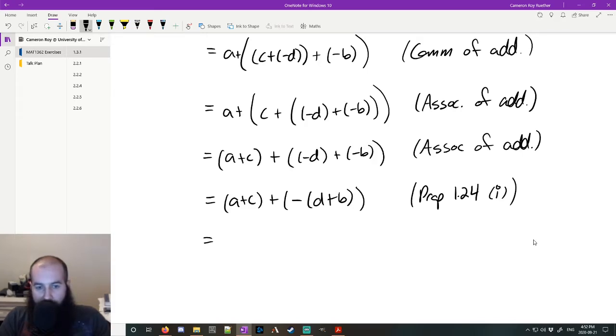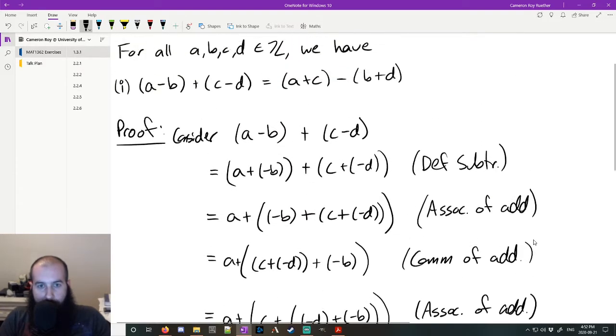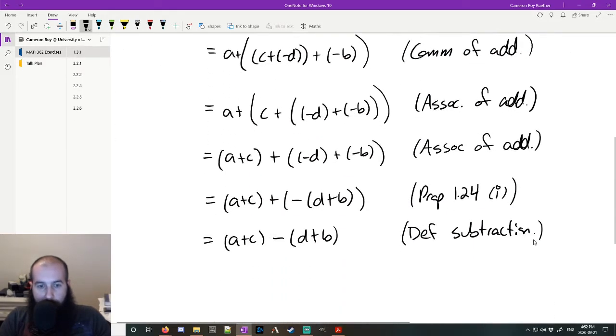Now by definition, adding an additive inverse is subtraction. And I think now just this D and this B are out of order, so we can swap them back with commutativity of addition.